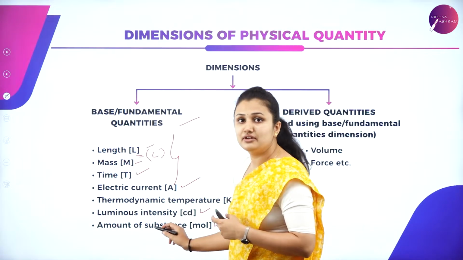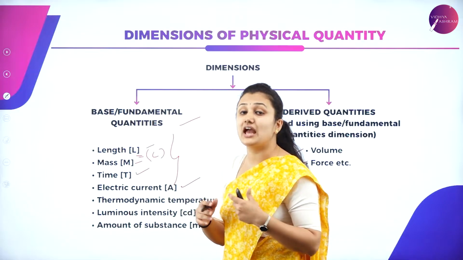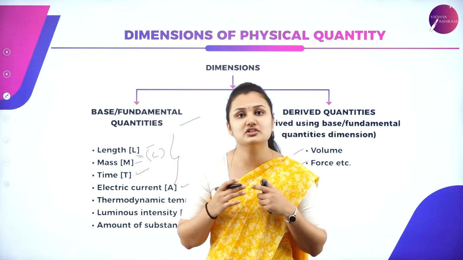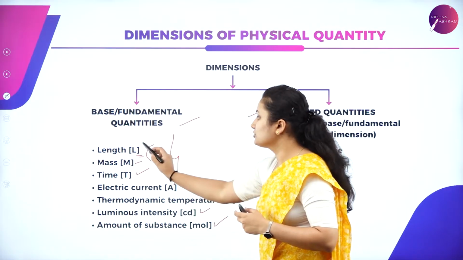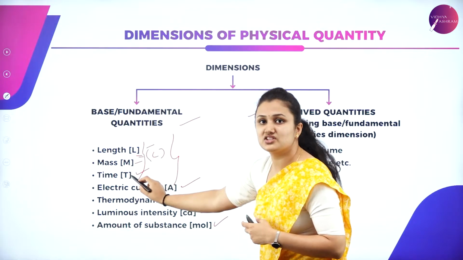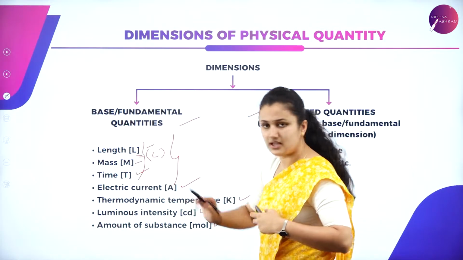These are the 7 fundamental quantities, which can be called the 7 dimensions of the physical world. You should remember the representations for length, mass, time.